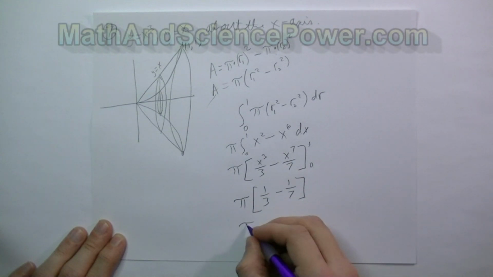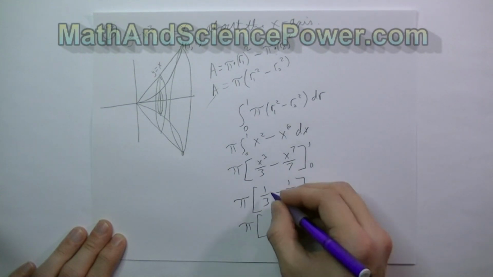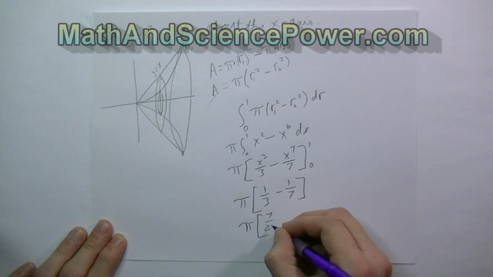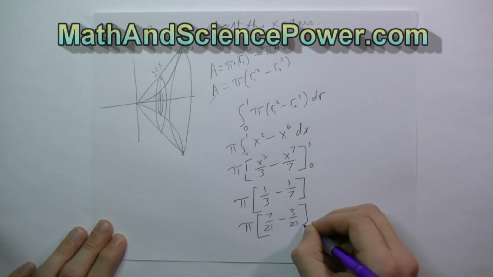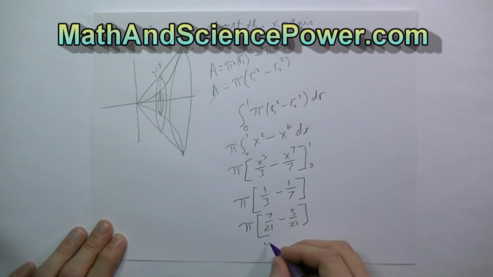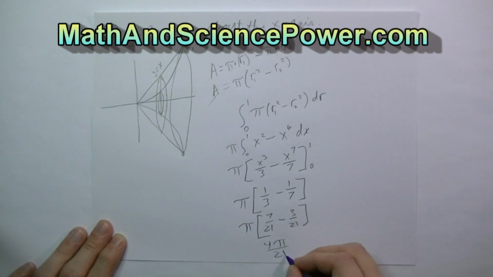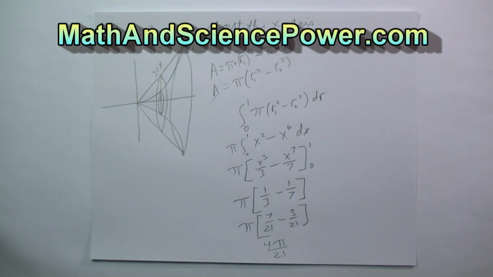My common denominator here will be 21. So 7 over 21 minus 3 over 21. Okay, and 7 minus 3 is 4. 4 pi over 21. So let's take a brief break, and when we come back we will finish the last 2 problems that we have.